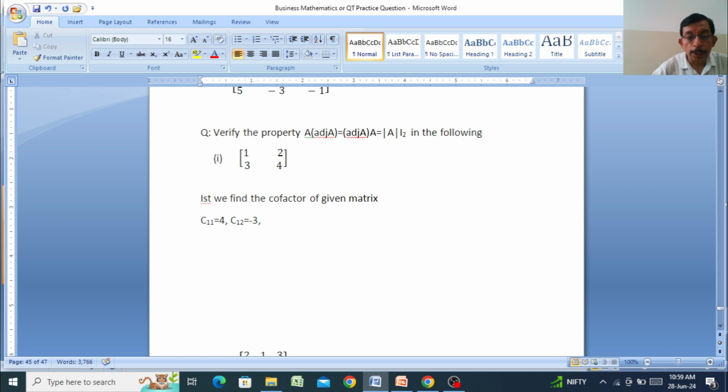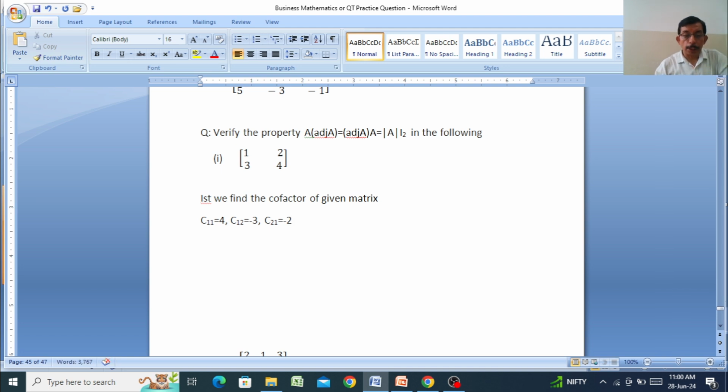Now the next element is C21. C21 is equal to, this is also the sum of the order element 2 plus 1, the odd number. Then we take the value minus. C21: cancel out second row, first column, then the value is minus 2.